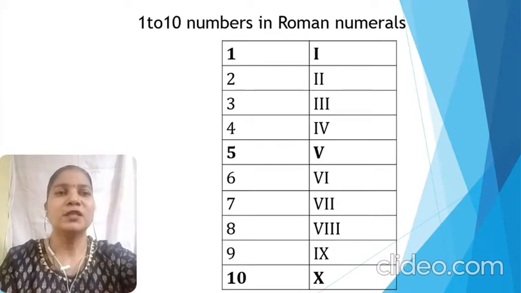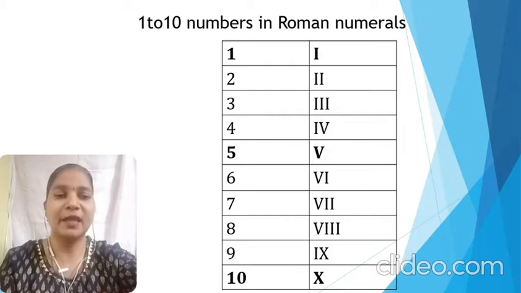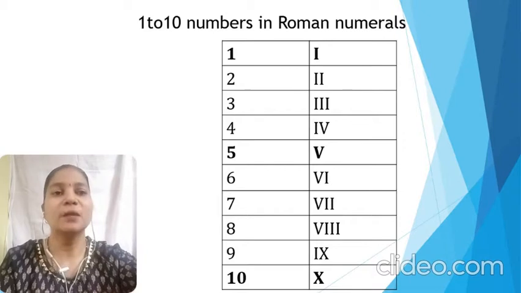1 to 10 numbers in Roman numerals. Here 1, 2, 3, 4, 5, 6, 7, 8, 9, 10. 1 means capital I. 2 means II. 3 means III. 4 means not 4 times I, but IV.